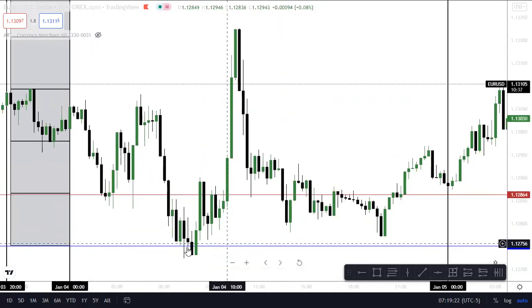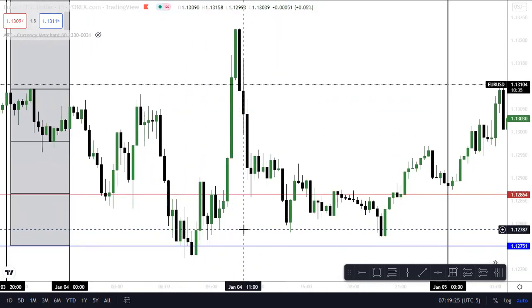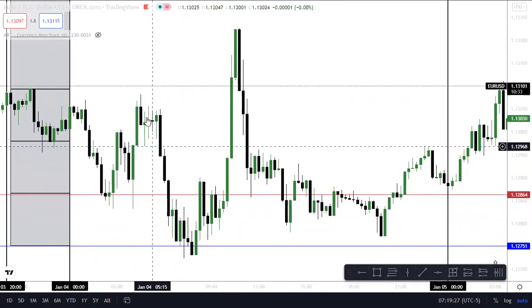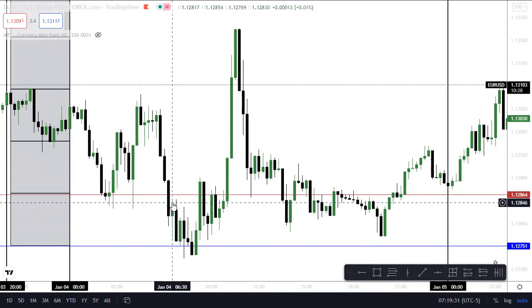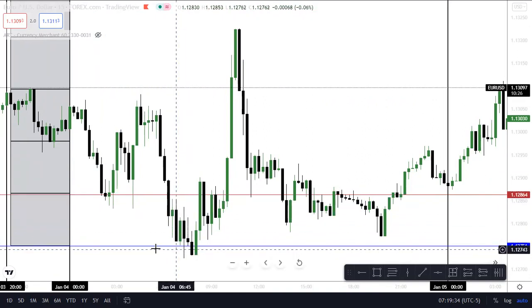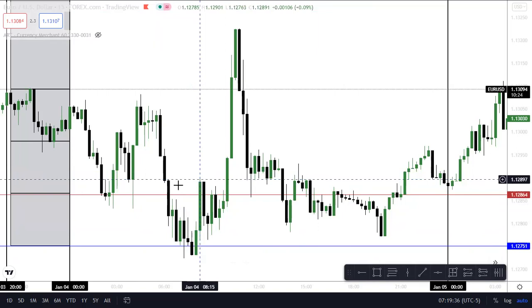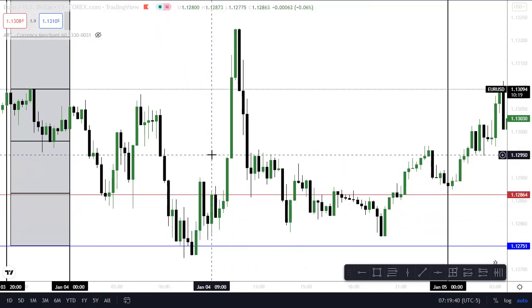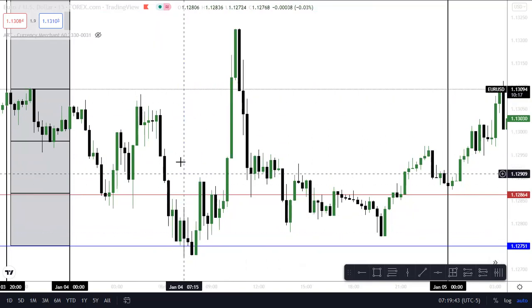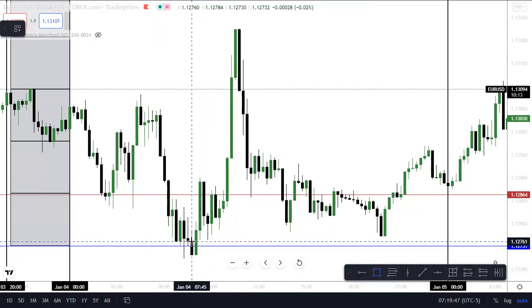Now, if you go to this blue line and we zoom in a bit, we can see that price was coming down, broke below this low, up candle in here, up candle, broke below these again, and then that push would have been that shift in the market structure. Whenever that happens, I go back to the turning point or swing low in this case, and I see this down candle right here. This candle is the lowest down candle in the swing low.